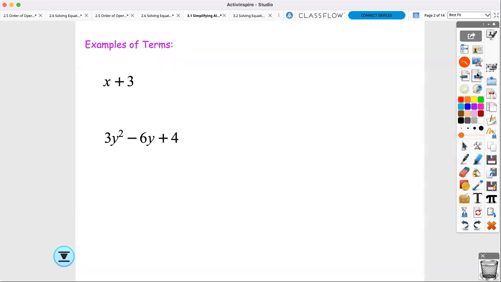You can unmute and let me know or type it in the chat. If no one says anything, I will call on random students, guys. So pick your poison. Want to be called on or want to just speak up? How many terms do y'all think x plus 3 is?